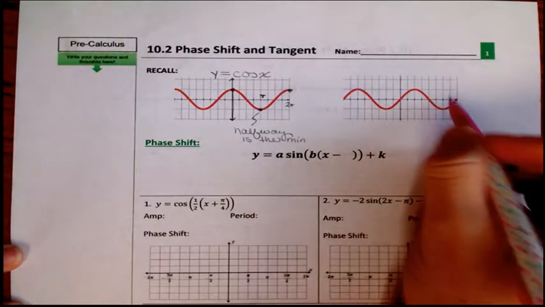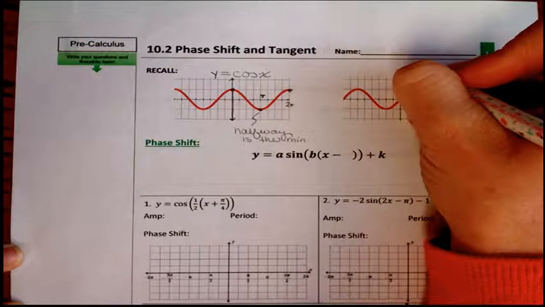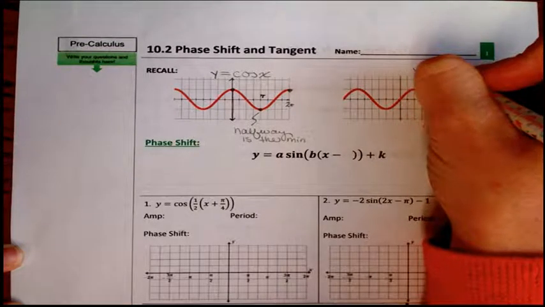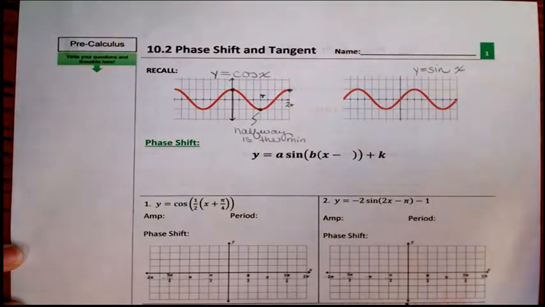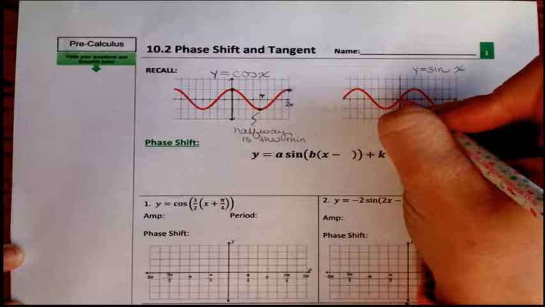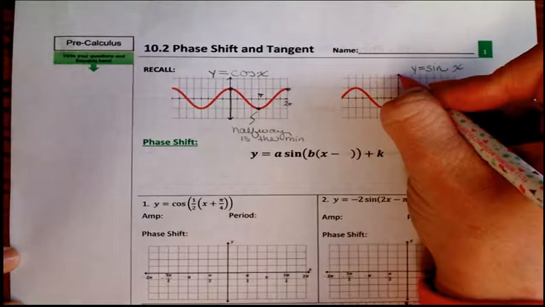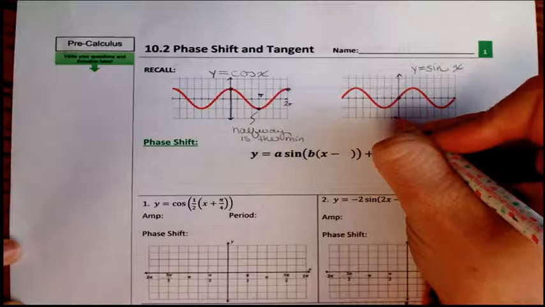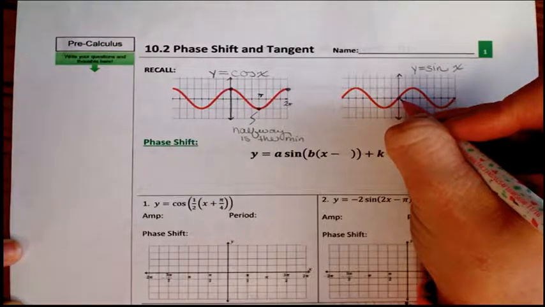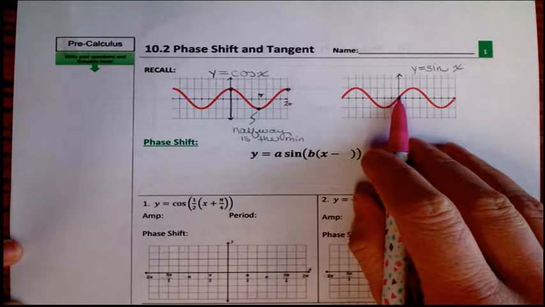Now here, this one next to it, this is a sine graph. And that is known because at 0, on our y-axis, it starts at its intercept.